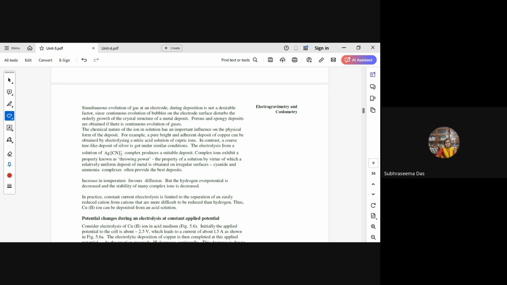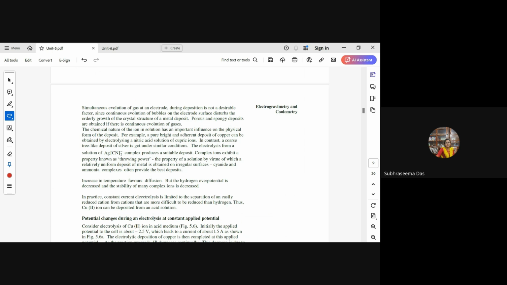The chemical nature of the ion in solution also has an important influence on the deposit that is obtained. For example, a pure and bright copper deposit is obtained by electrolyzing a solution of cupric ions in nitric acid. However, in contrast, a coarse, tree-like deposit of silver is obtained if we electrolyze a solution of silver ions in nitric acid.